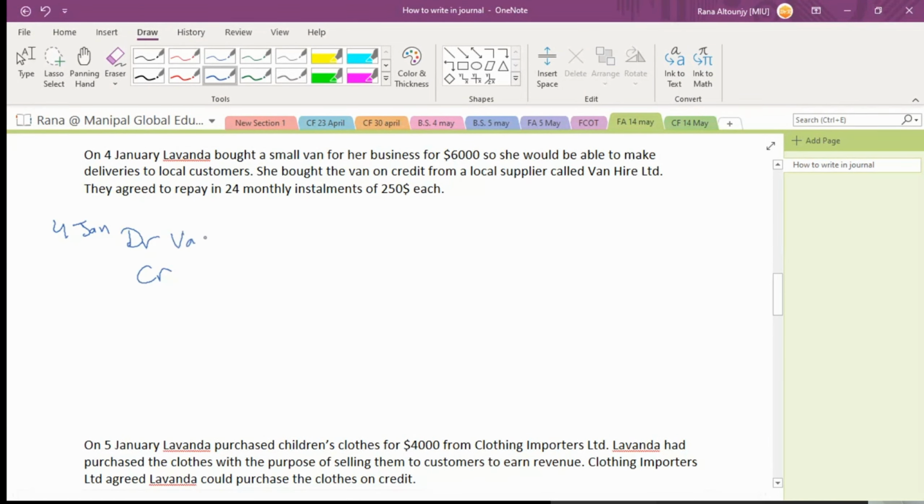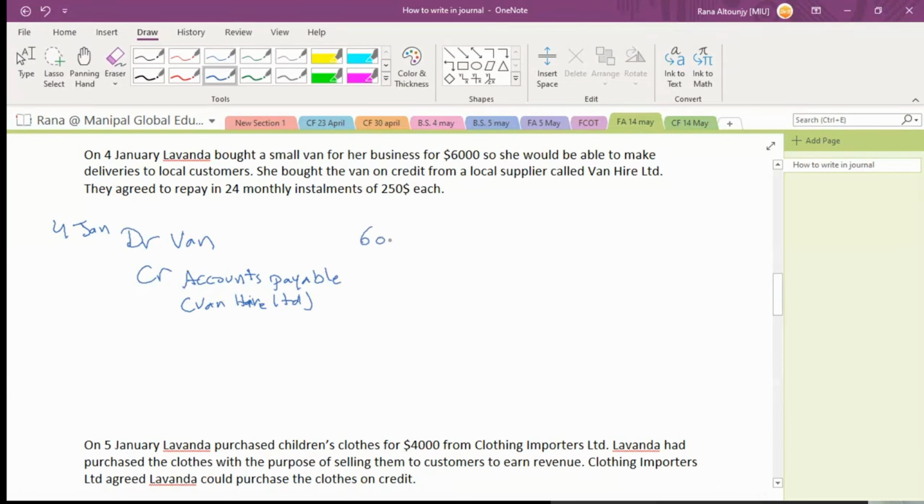The debit is a van. Credit, we can call it accounts payable. Or we can also call it by another name, the name of the company, which is the local supplier called Van Hire Ltd. So we can either write accounts payable or we can write the name, and we should put the amount.